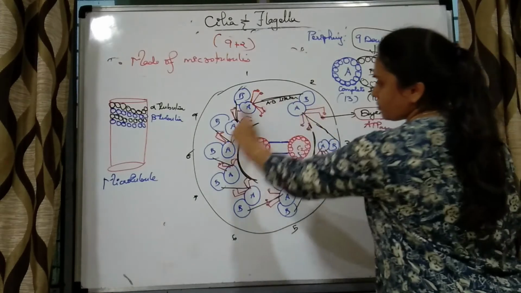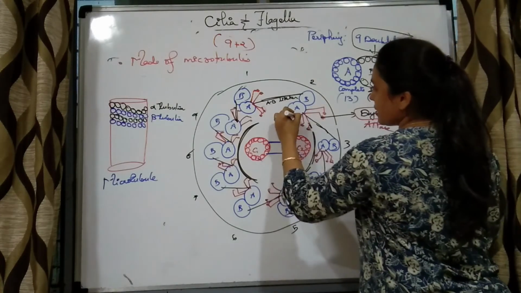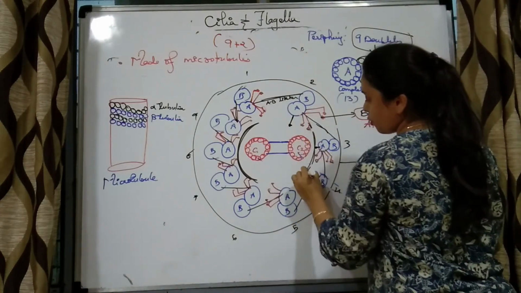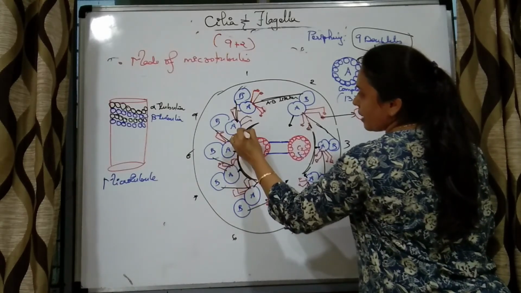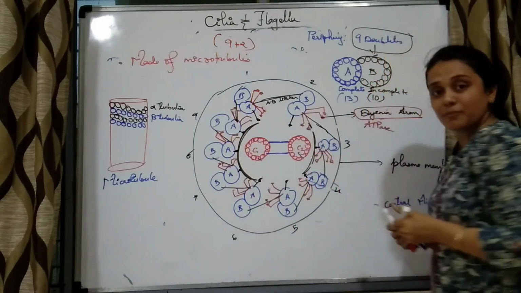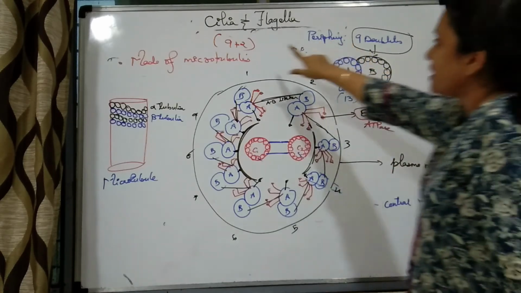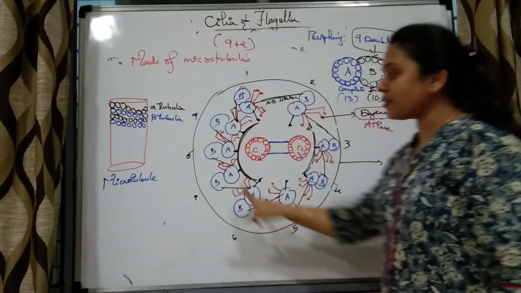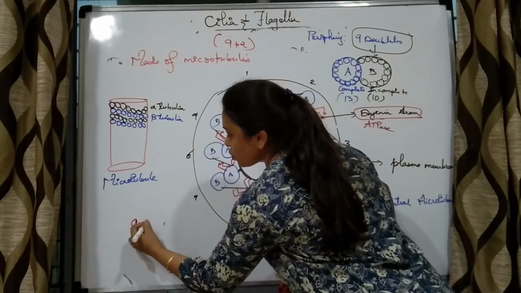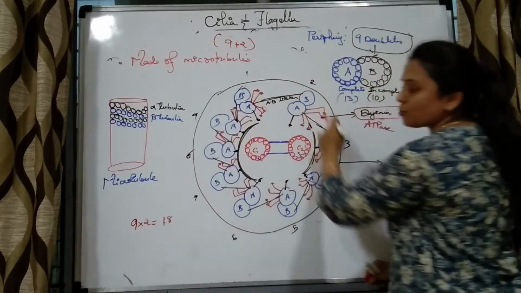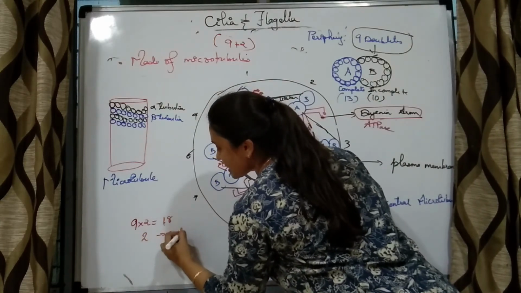One more thing, all these peripheral doublets are connected with the center by the radial spokes. This much is clear. So this is the structure of cilia and flagella. 9 peripheral doublets are present, so you can say 9 into 2, 18 microtubules are present in the periphery and 2 in the center.